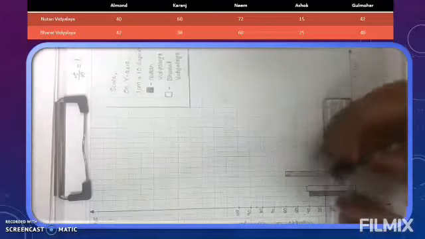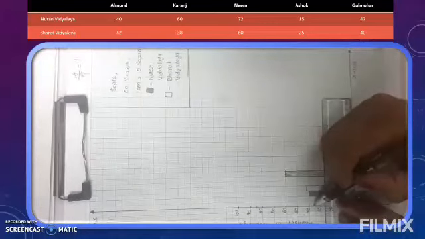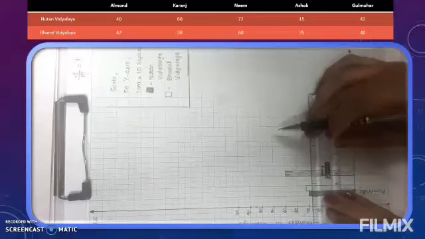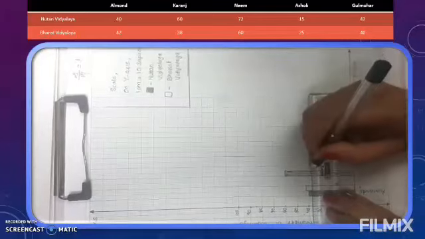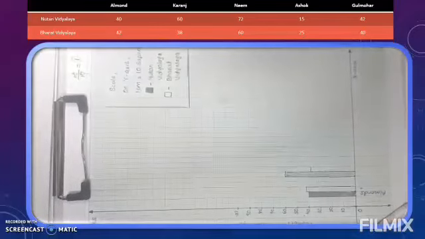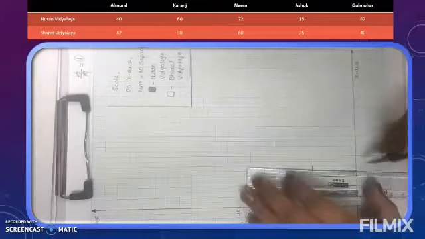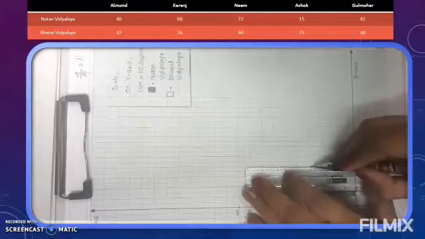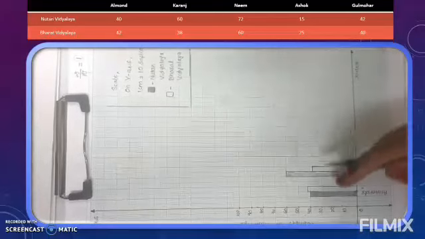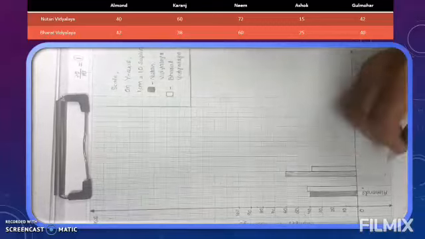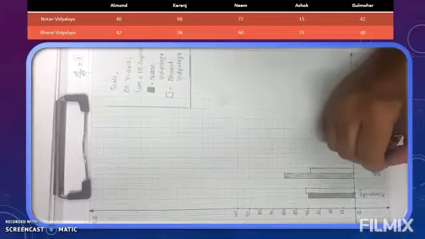So on the 8th line, arrange your scale properly. On the 8th line, draw a line till this darker green line. This will be the easier way. Then draw one line on the darker green line. Clear? Now this full information is about which sapling? Karanj. So here we will write Karanj.